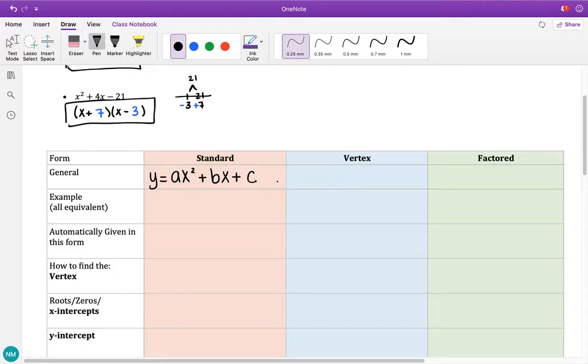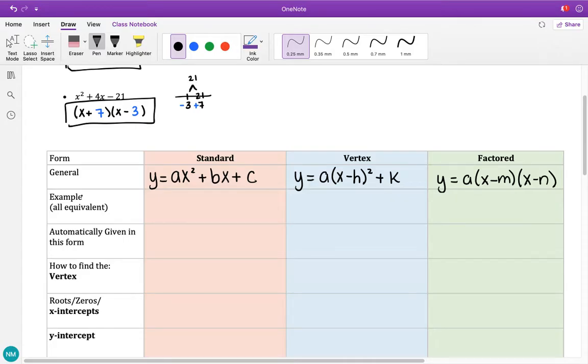Vertex form is y equals a times (x minus h) squared plus k. And factored form is y equals a(x minus m)(x minus n), where m and n are your roots.